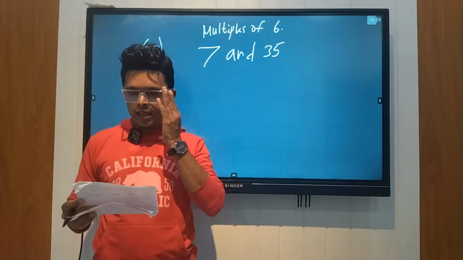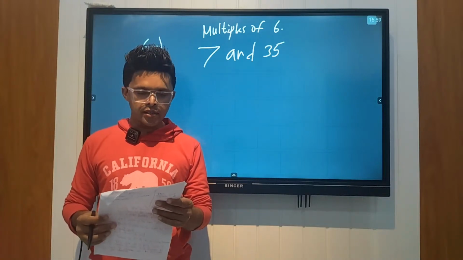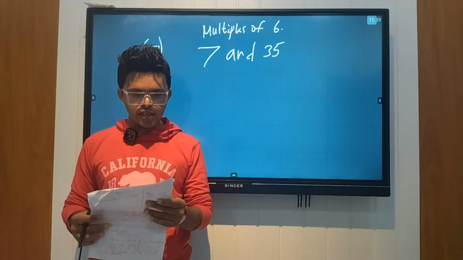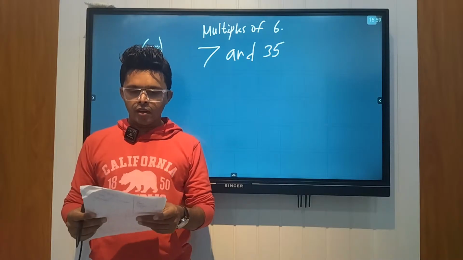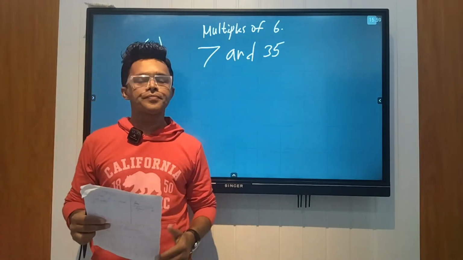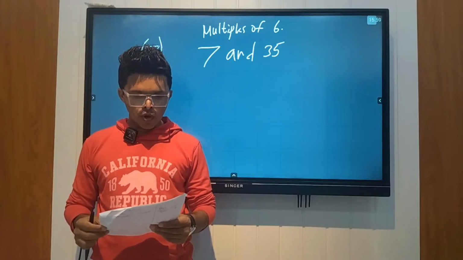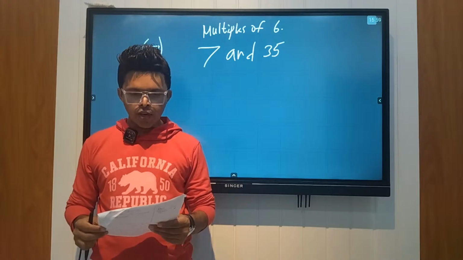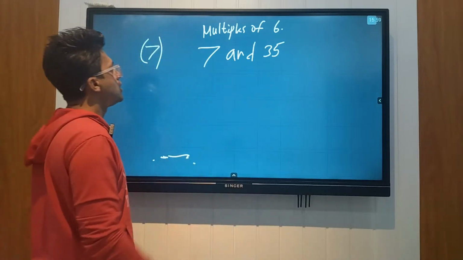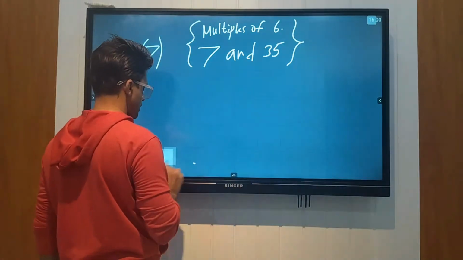What you need to do here? The first question is, by writing a common property by which the elements of the set are represented, this one has been given.